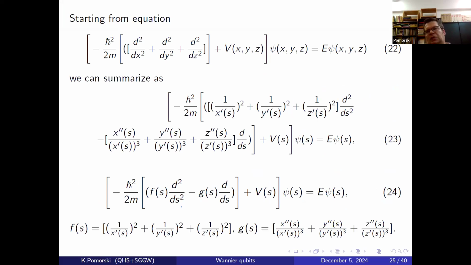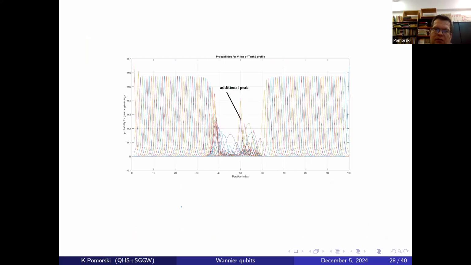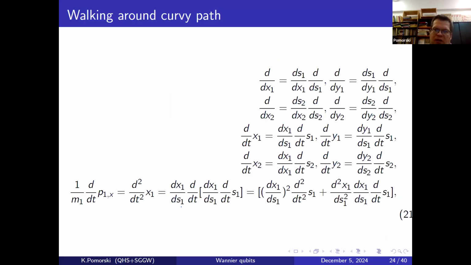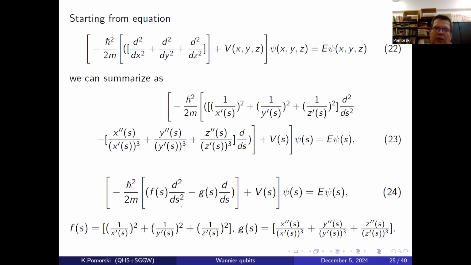Only you have electrostatic potential encoded in V, in this effective potential. And if those previous tricks are allowed, I'm sorry, not this one, those, you can reduce this equation. You will get equation number 23 that is equivalent to this equation.